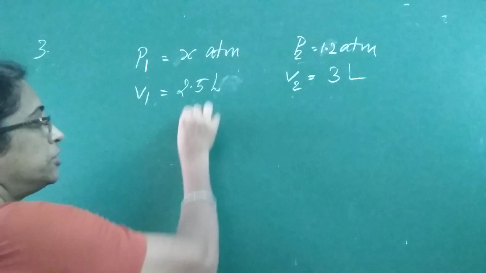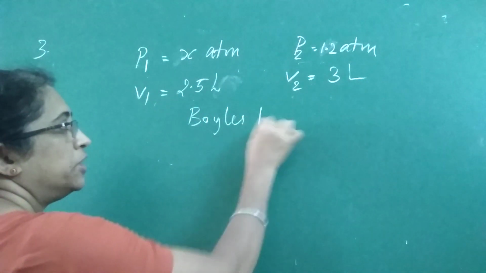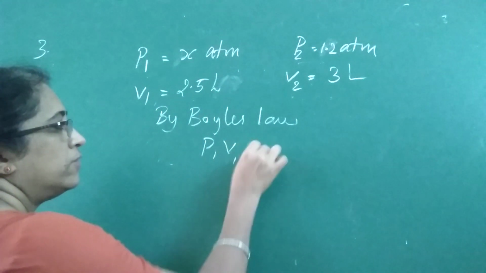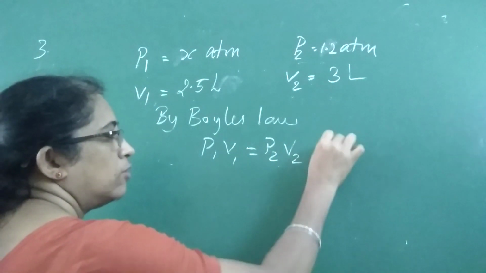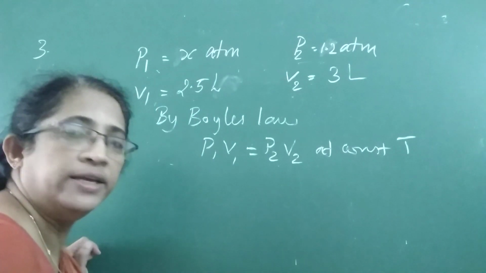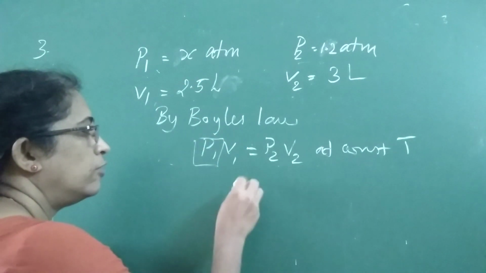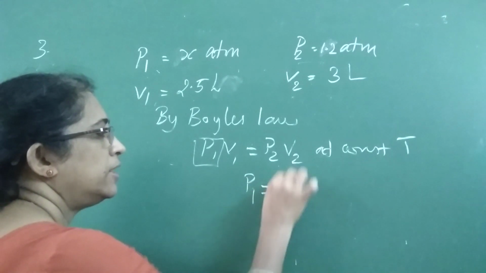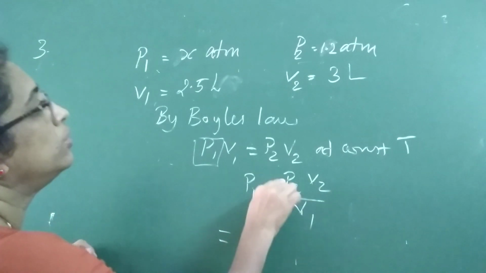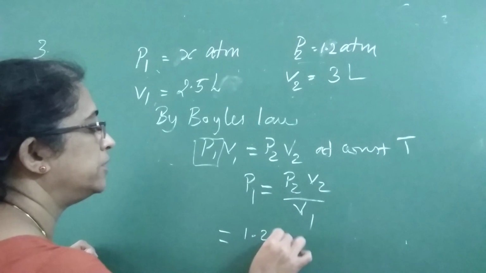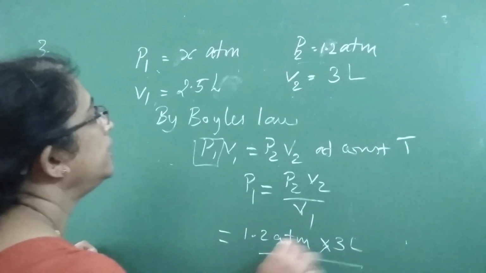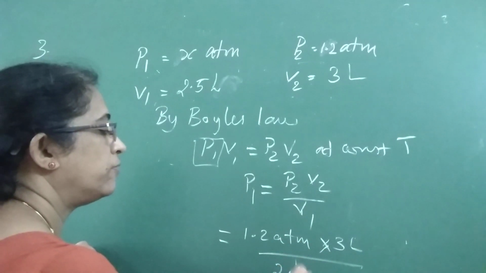According to Boyle's law, write the equation. P1 V1 is equal to P2 V2 at constant temperature. Then which parameter is unknown? Initial pressure is unknown. Therefore, write the expression for P1. P1 is equal to P2 V2 divided by V1, which is 1.2 atmosphere into volume V2, 3 liters, divided by initial volume 2.5 liters.